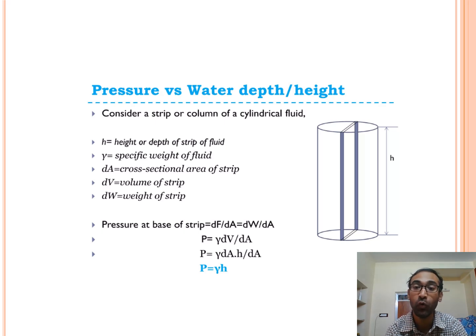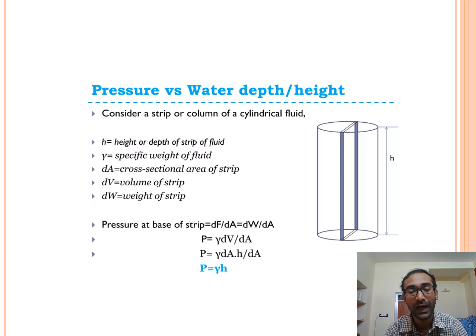The base force will be the weight of the fluid, so it is dW by dA. We consider a small strip. dW, that means the weight, we can write as gamma into dV, and dV as dA into h. So finally pressure P equals gamma into dA into h by dA. dA will be cancelled. So the remaining part is P equals gamma into h.